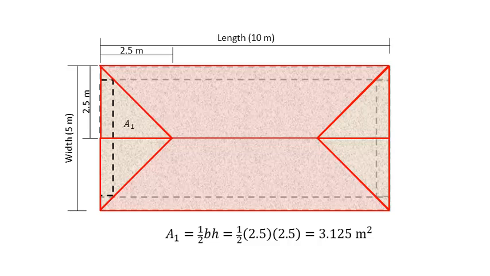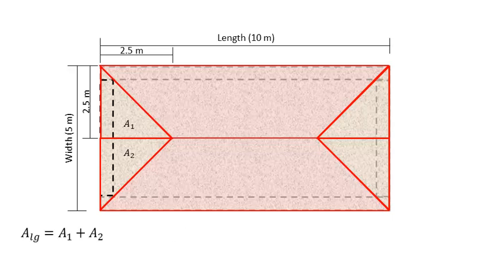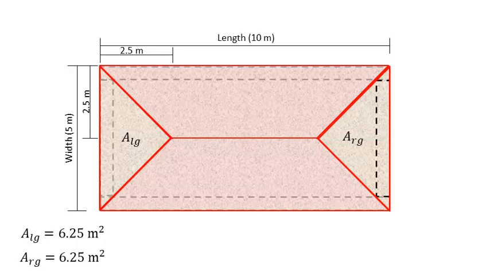So the area of this triangle is 3.125 square meters. This area is supported by the top half of the girder. The bottom half of the girder supports the same area because the bottom triangle is identical in shape. So the left girder supports a total of 6.25 square meters of the slab. By symmetry, the right girder must also support 6.25 square meters.